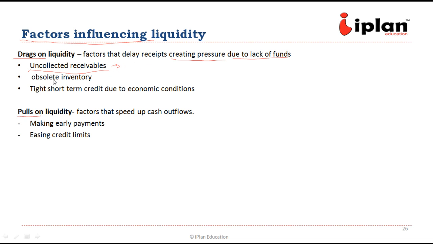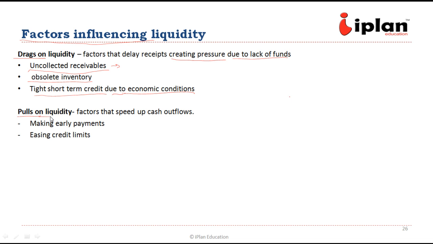So it is putting pressure on liquidity. The second is obsolete inventory, where we have already invested in raw material, but we are not able to sell it. So again, it is putting pressure on our liquidity condition. And finally, the tight short-term credit due to economic conditions, where we have not been able to receive sufficient time.